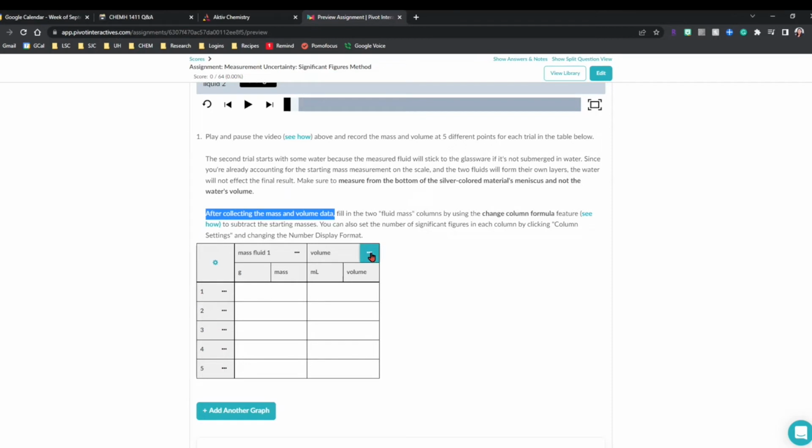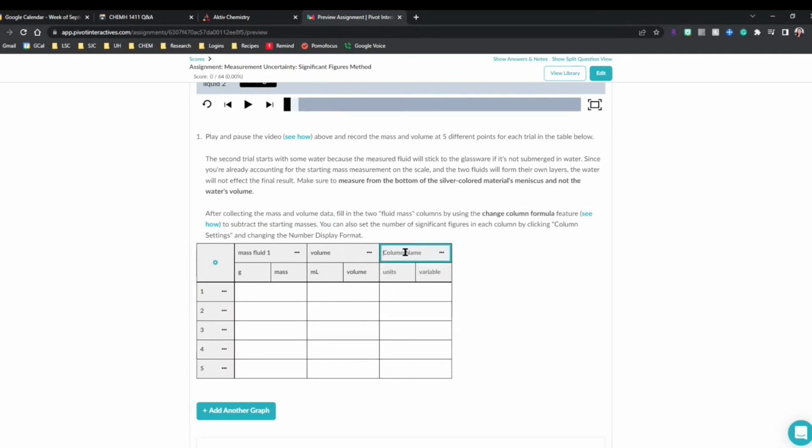You're gonna have the 4, you're gonna insert a column, and this is actually gonna be a special column. I think they called it fluid mass. Oh, you can just call this regular mass because it includes the graduated cylinder.